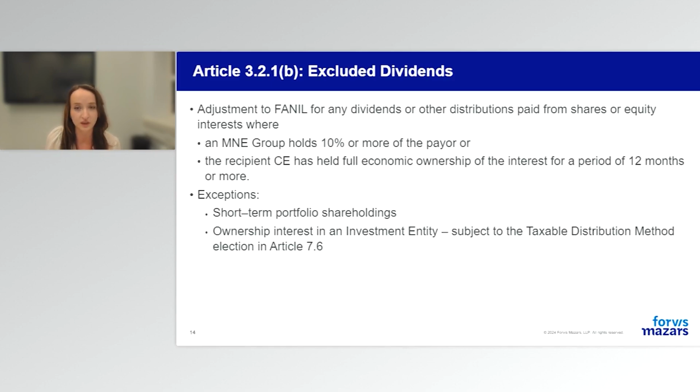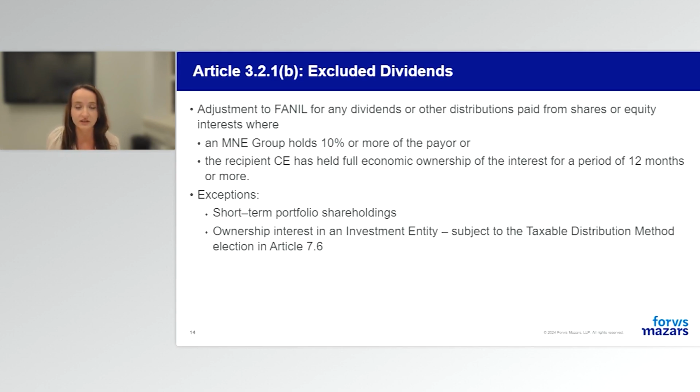There are some exceptions to this. First up are the dividends received from short-term portfolio shareholdings. Those are included in the GloBE income or loss of the constituent entities. These are dividends from shareholdings where the MNE holds less than 10% of the interest and has owned it for a short time, which is less than 1 year.